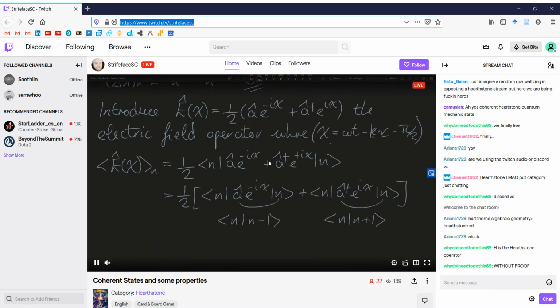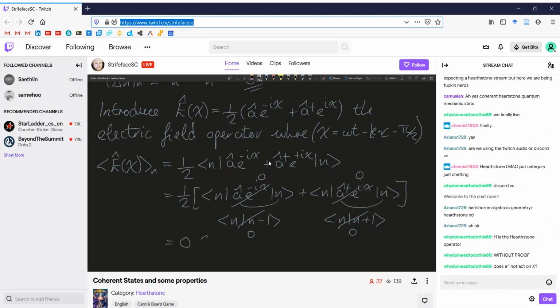So our end result is 0. That's quite a puzzling result because we were hoping for something that oscillated in space. So I guess that means this does not seem to be a strong candidate for the electric field.